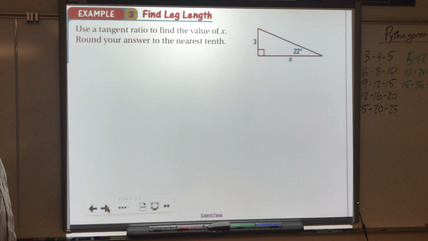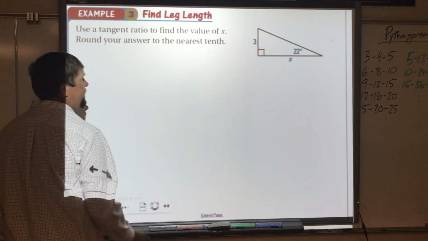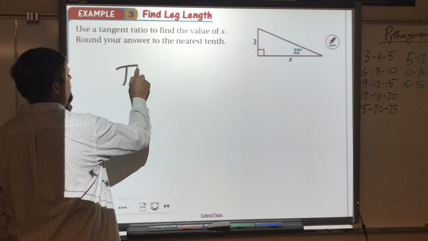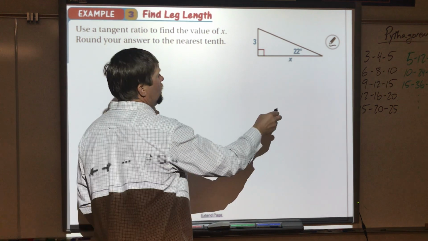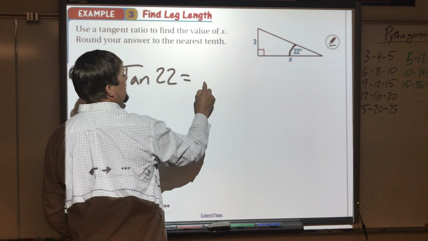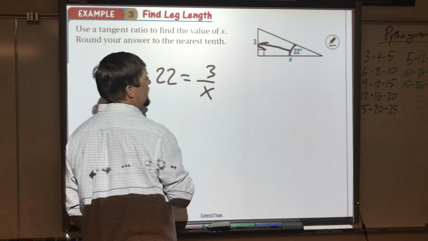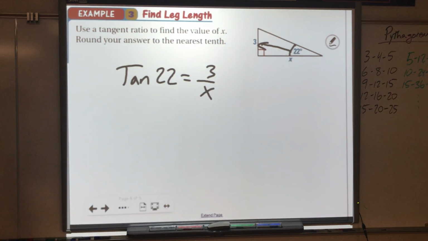Use the tangent ratio to find the value of x. All right, once we find the tangent ratio, we're going to obviously use this angle since that's given to us, equals opposite over adjacent. In this case, the adjacent is x.